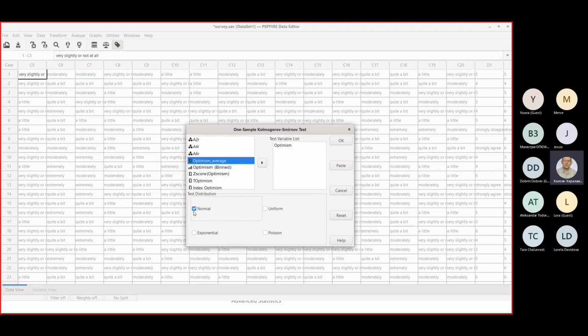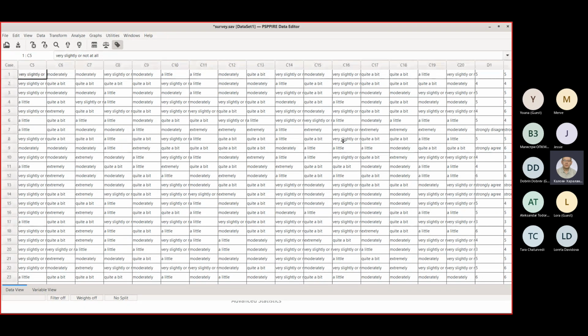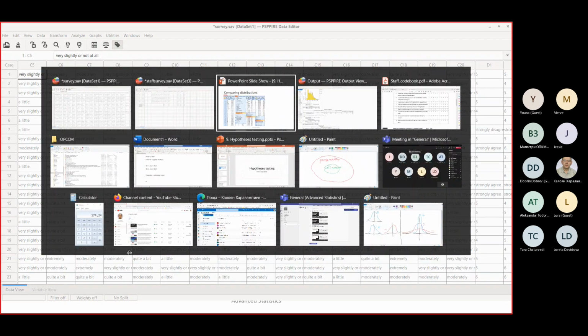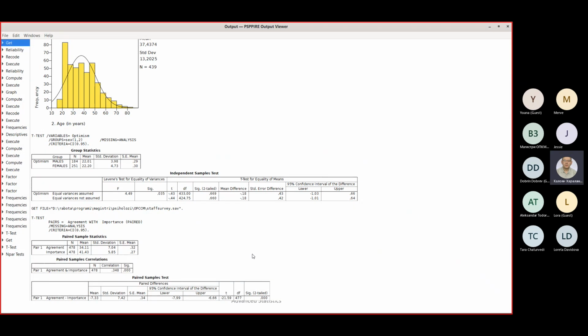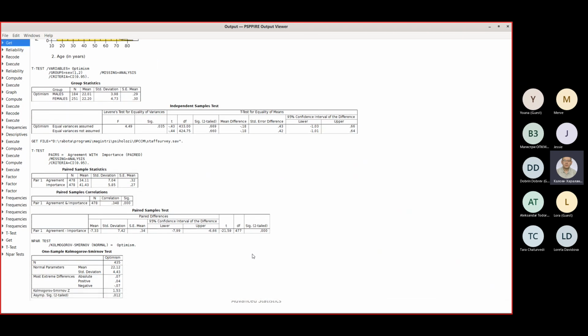So I check here normal distribution, then press OK, and we have to move to the output. OK.